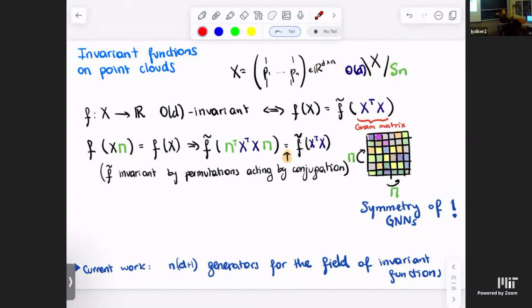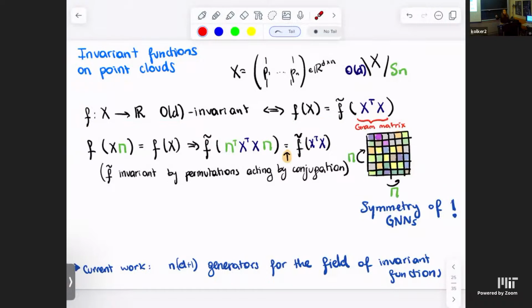The O(D) basically rotates the points, and the S_n permutes the points. Using what we know from the beginning of the talk, the O(D) part of the symmetry can be canceled out by looking at the inner products. A function is O(D) invariant if and only if it's a function of the Gram matrix.